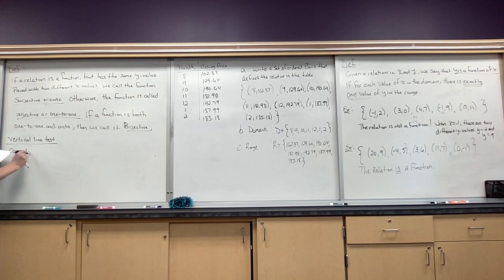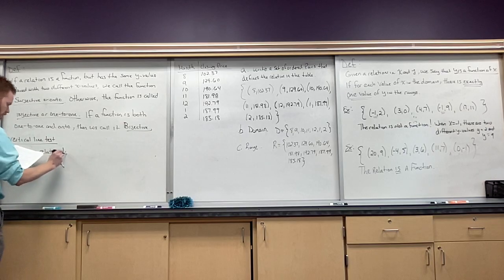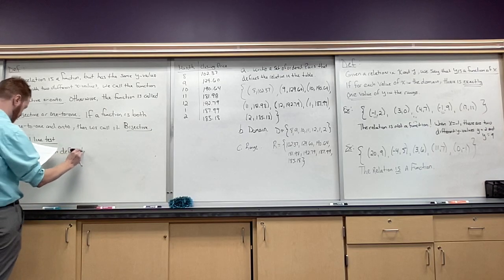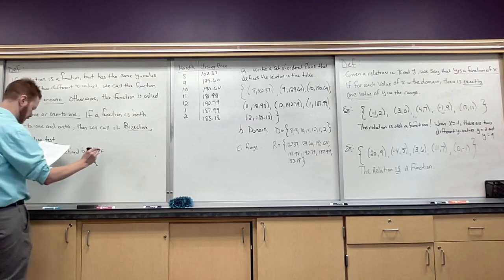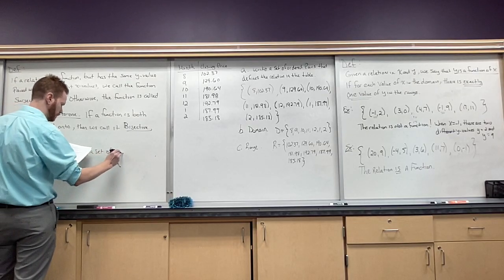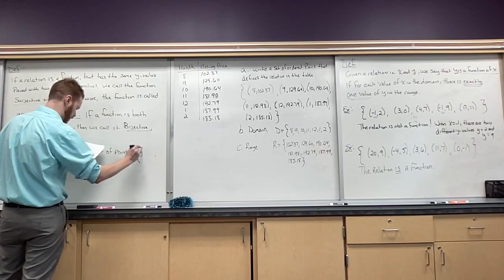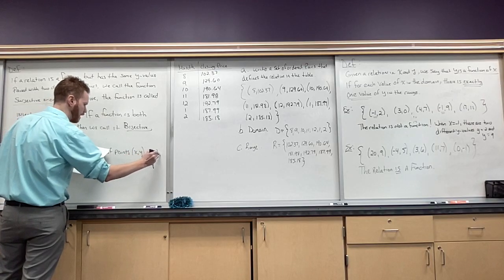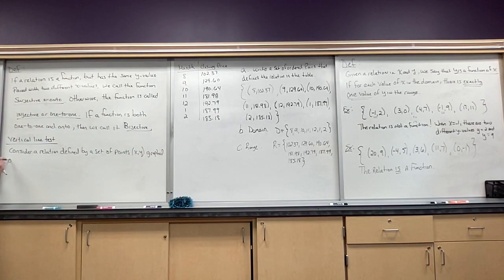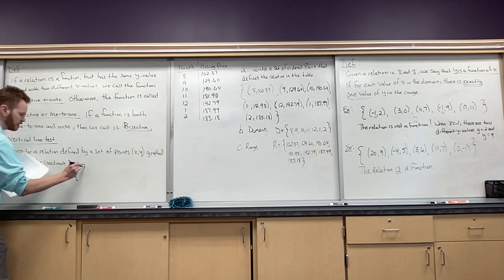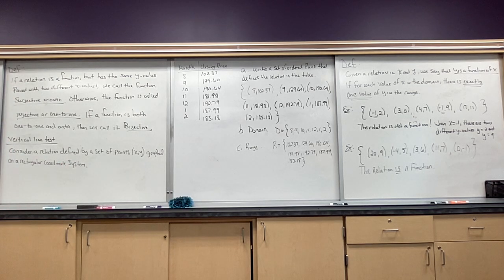So consider a relation defined by a set of points x, y, graphed on a rectangular coordinate system. A little shout out to Descartes, right? Because we talked about Descartes in the last lesson. He's the one who started us with this rectangular coordinate system.